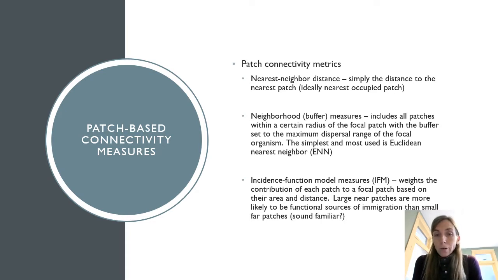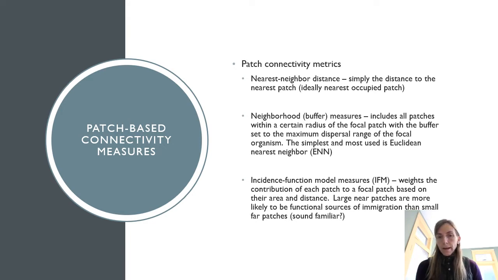That includes all patches within a certain radius of one focal patch of interest, and is often set within the buffer of the maximum dispersal range of the species or organism that we're interested in. So this is the simplest and most used neighborhood measure is the Euclidean nearest neighbor, the ENN.